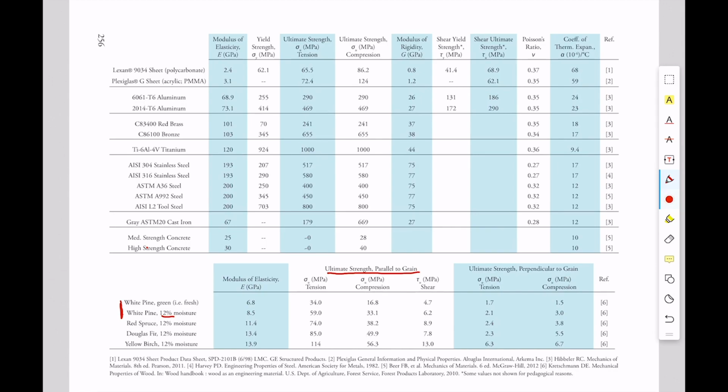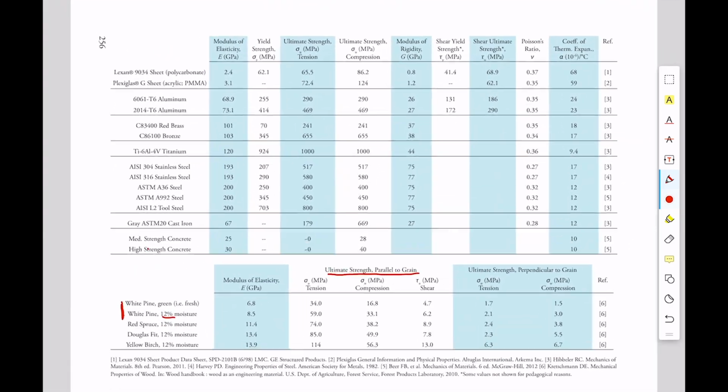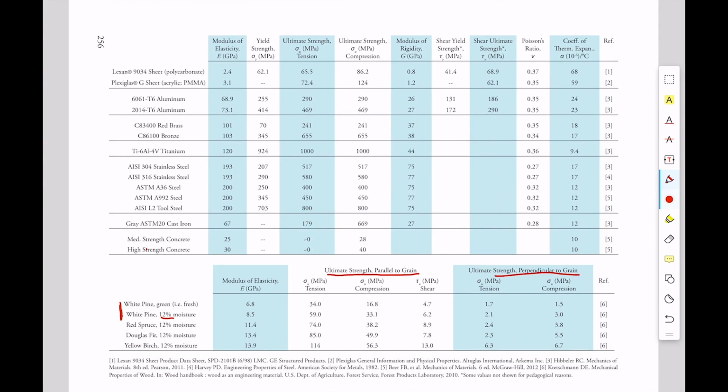Okay, and we do have values of ultimate strength perpendicular to the grain of the wood. And it's no surprise really that these values are significantly smaller than the values parallel to the grain of the wood. Right? If you're pulling fibers apart from one another, that's much easier to do than if you're breaking fibers in tension. Okay, so let's look at the values of white pine then.